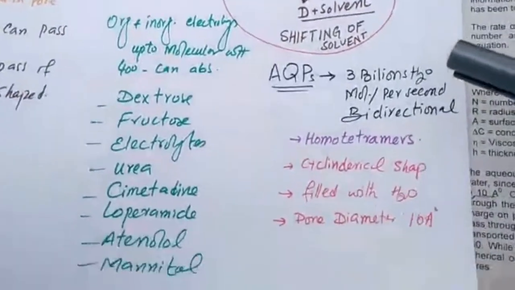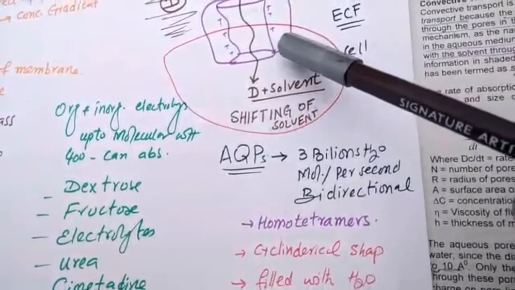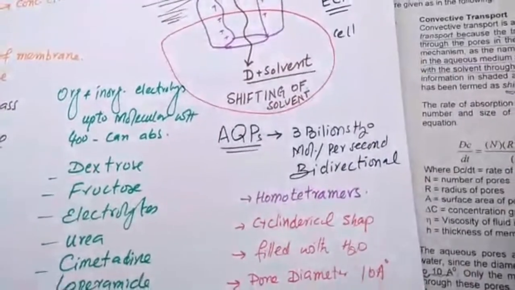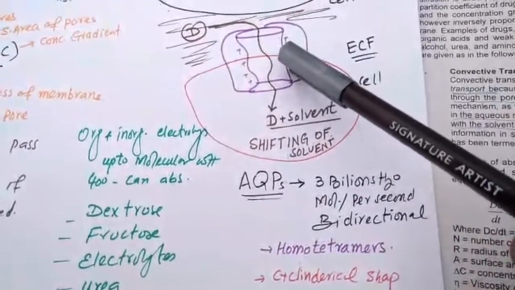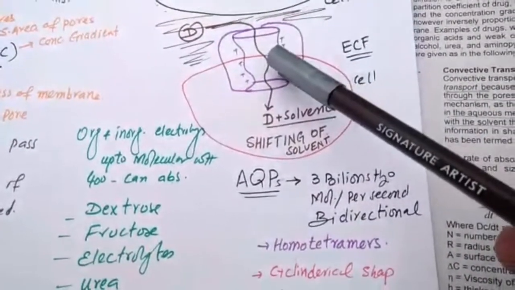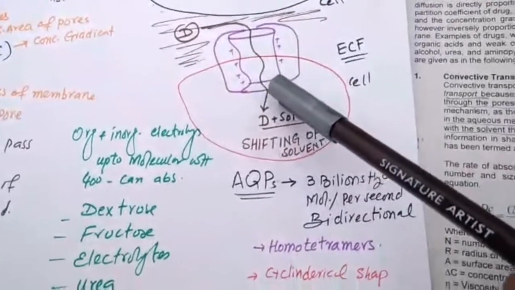Aquaporins are proteinous substances. They are homotetramers, cylindrical in shape, filled with water, and the pore diameter is 10 angstrom.